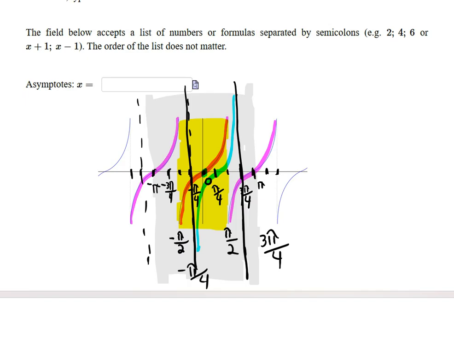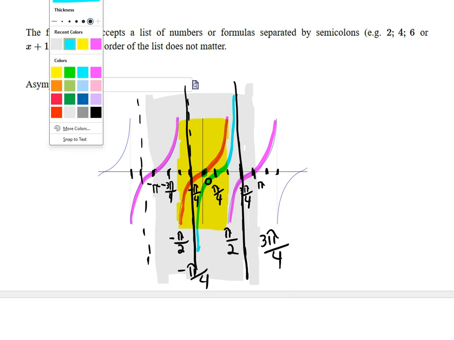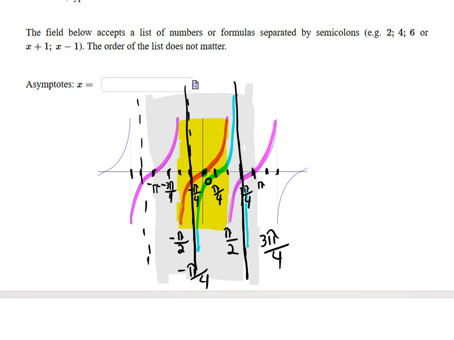And I forgot to take a picture. So your final graph should go back to the blue. It moves there, and then you're going to have another one going up like that. You want to look for your points.